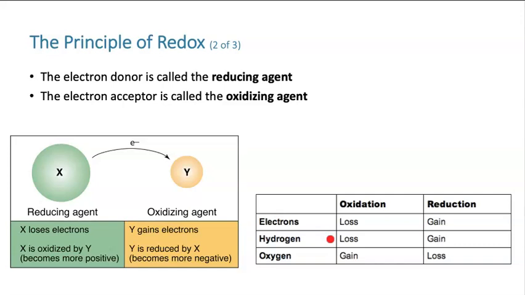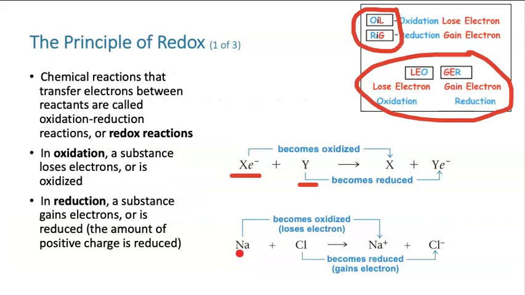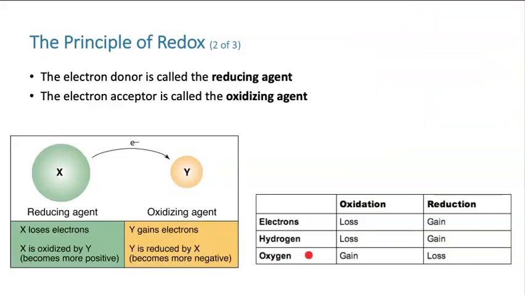Again, this is mostly for the reactions that we're looking at today. If you think back to the earlier example, there wasn't any hydrogen or oxygen in it, but in all of the rest of what we're learning about today, there's going to be hydrogen and oxygen. So hydrogen is lost when electrons are lost in almost every reaction that we're going to be seeing. We're also going to be seeing that oxygen is going to be gained.